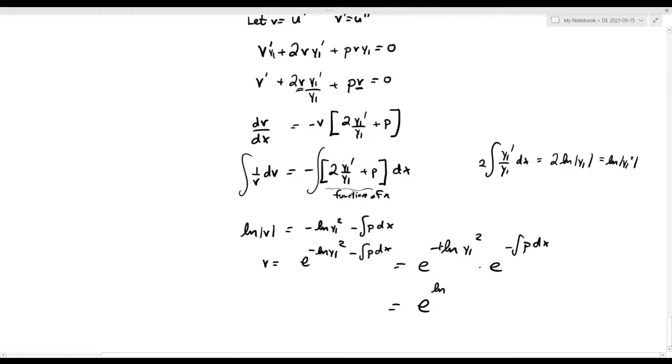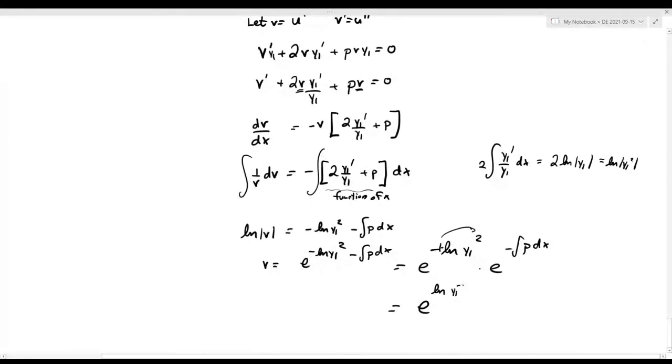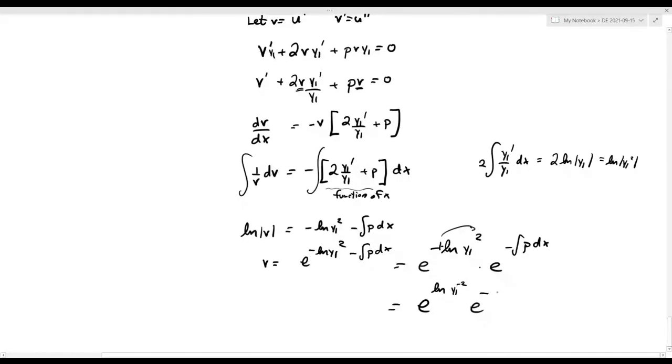Let's use properties of logs to bring that power up here, so that would be y1 to the -2. And the exponential and the log are inverses, so you just get 1 over.